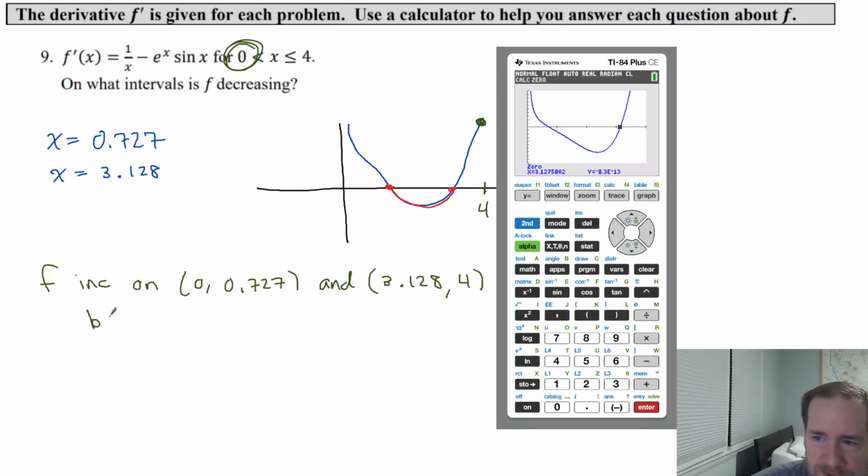And again, justify your answer by saying because f prime is positive on those intervals.